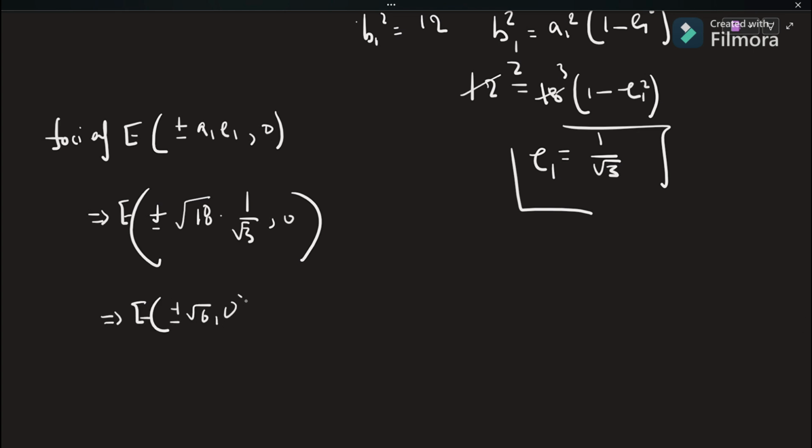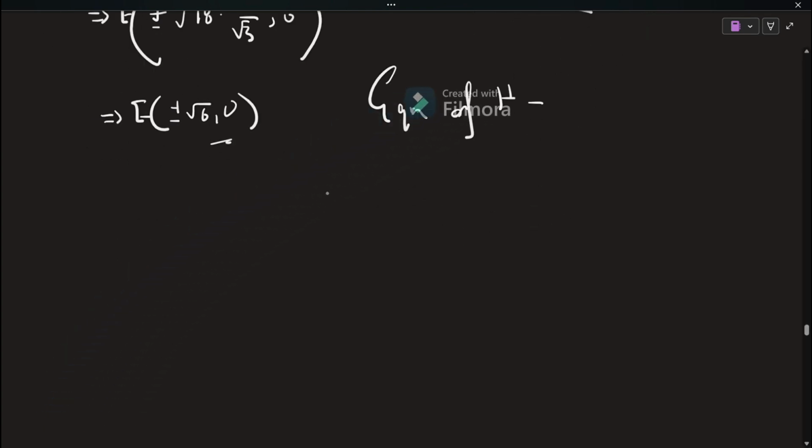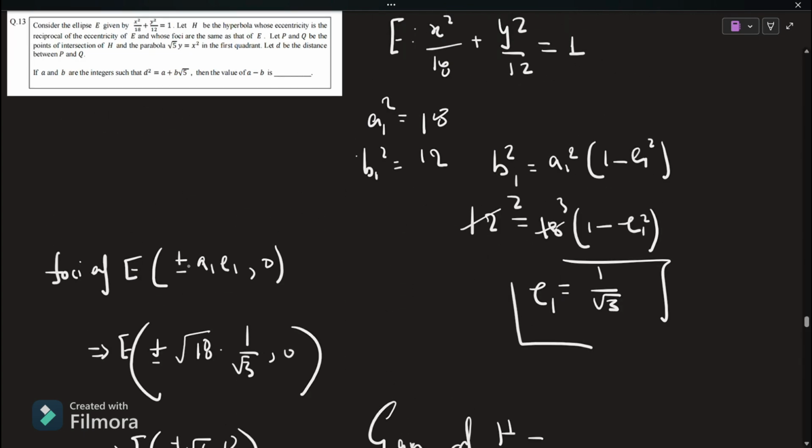So these are the coordinates of the foci of the ellipse. Now, the equation of the hyperbola is x square by a2 square minus y square by b2 square equals 1. In this question, it is given that the eccentricity of E is reciprocal to that of the hyperbola.